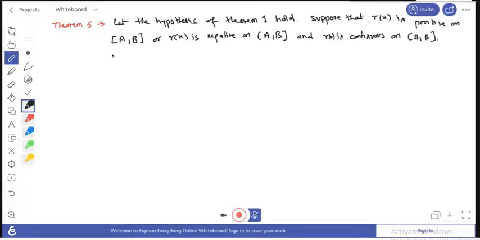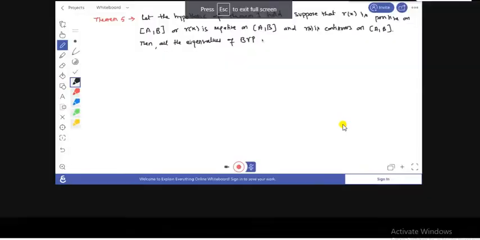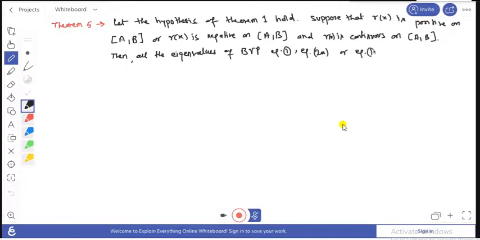You have to prove that all the eigenvalues of the boundary value problem, meaning equation 1 with equation 2a, or equation 1 with equation 2b, are real.